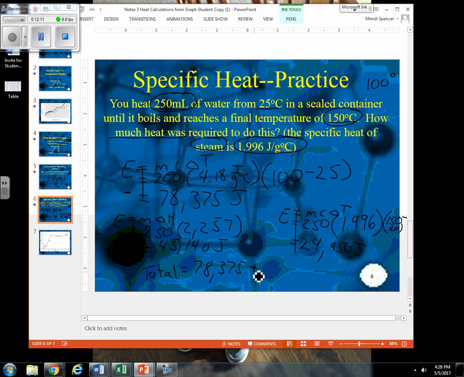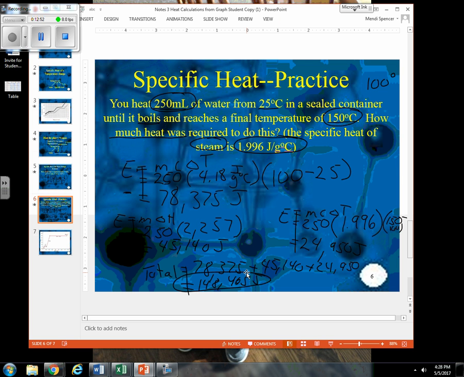We then had to put in 45,140 joules of energy to cause it to vaporize. And then we added an additional 24,950 joules of energy to raise the temperature from 100 to 150 degrees Celsius. So our total of energy that was added is right around 148,465 joules of energy added.